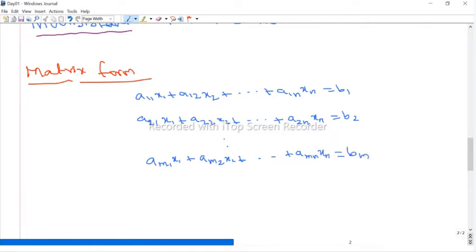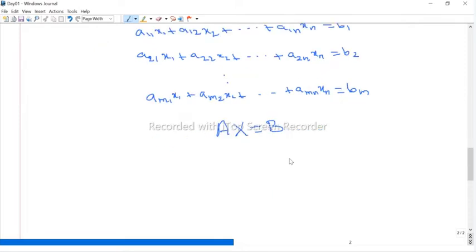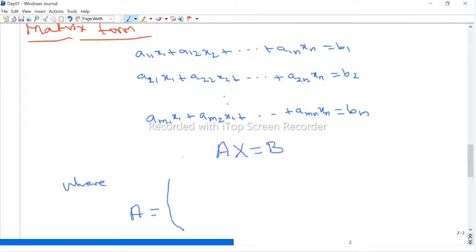Now this system of equations, in the simple form, I am going to write as AX equal to B, sometimes written as small b. So what is A, what is X and what is B? A is the matrix whose first row is the coefficients of the first equation: a11 is the coefficient of x1, a12 the coefficient of x2, and so on, a1n is the coefficient of xn in the first equation.